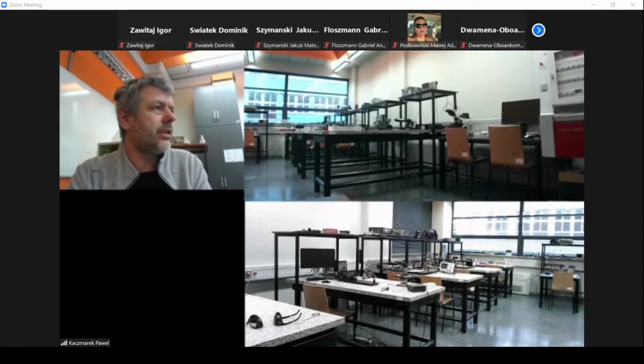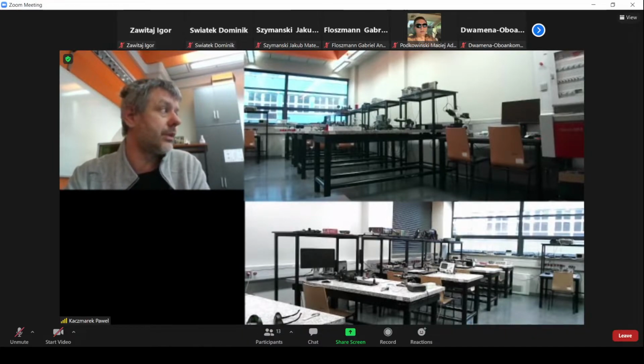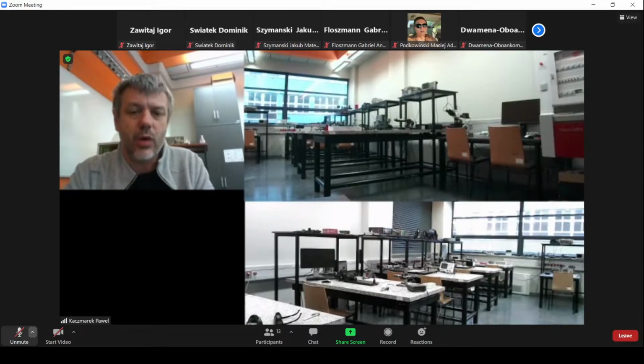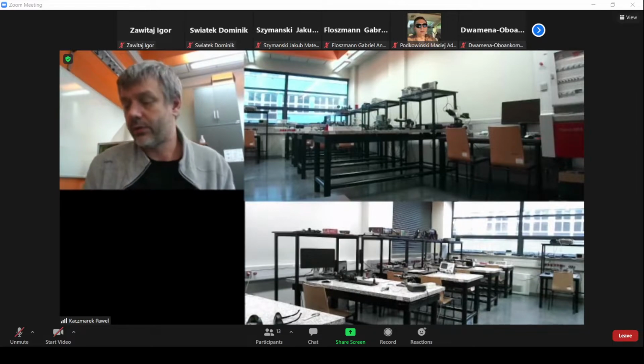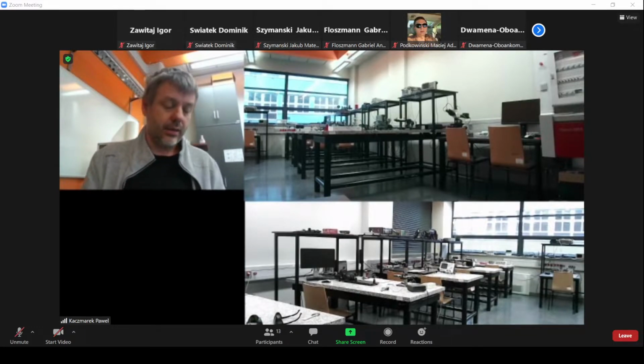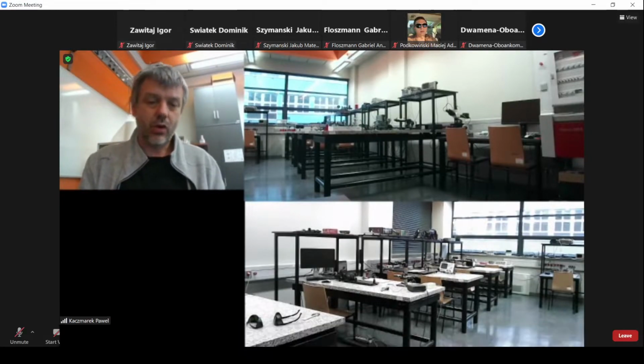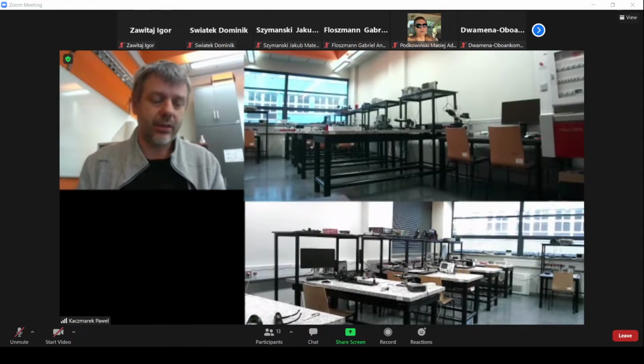In this room there are also different courses and different laboratories, so on the tables I cannot set all 12 exercises at once, unfortunately, because of the occupation of this laboratory by other courses.